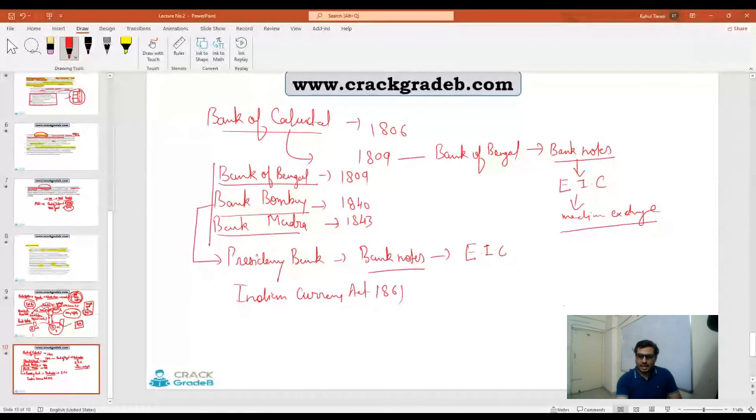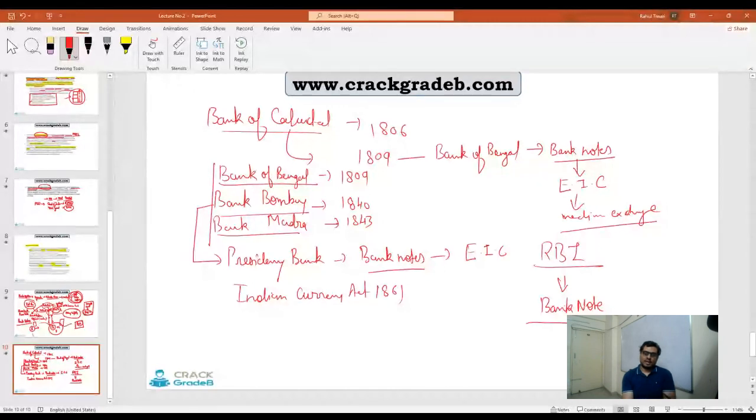So what RBI is issuing these days, what is that? A banknote, which is accepted by the government of India as a currency. Do you remember the day when the Prime Minister announced the demonetization?